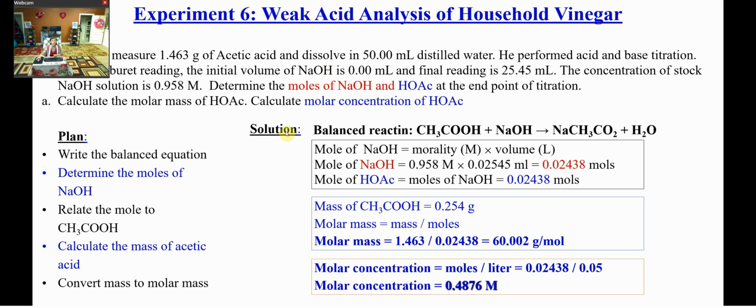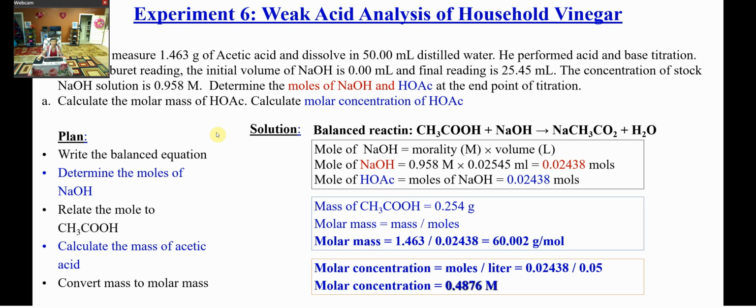First of all, what's your plan? In order to determine the molar mass of your acetic acid, you need to calculate the moles. You know the grams, since you measured them physically, and you want to calculate the molar mass. You need to determine the moles, and then you can determine the concentration as well, because you have 50 milliliters.